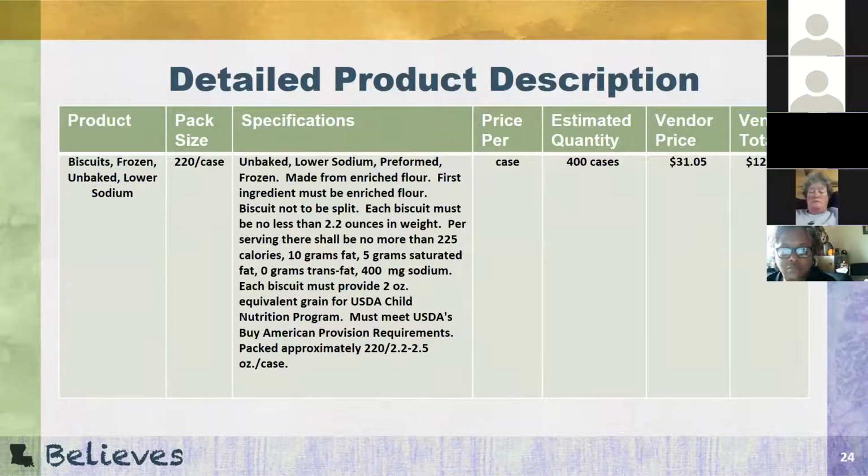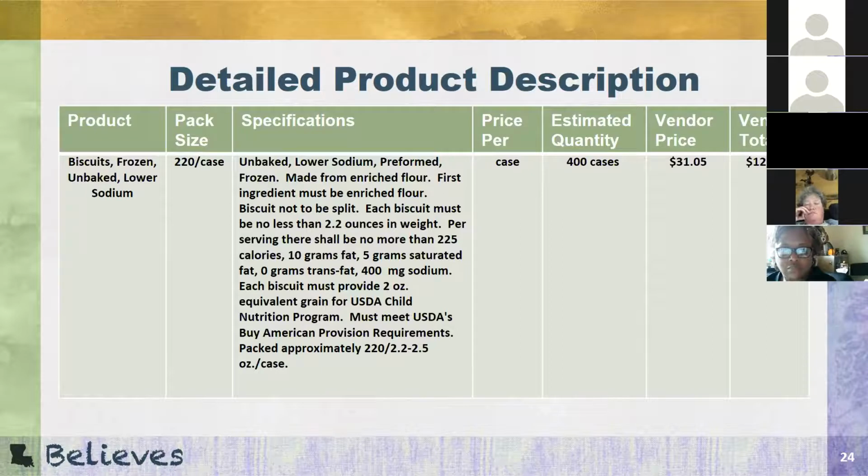This is an example of a detailed product description. The SFA wants an unbaked, frozen, lower sodium biscuit. The product must be made with enriched flour. The biscuit has to be at least 2.2 ounces by weight.